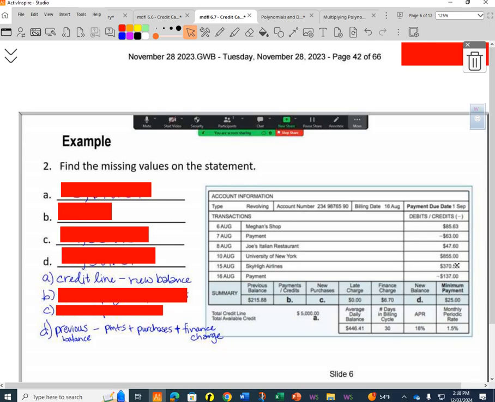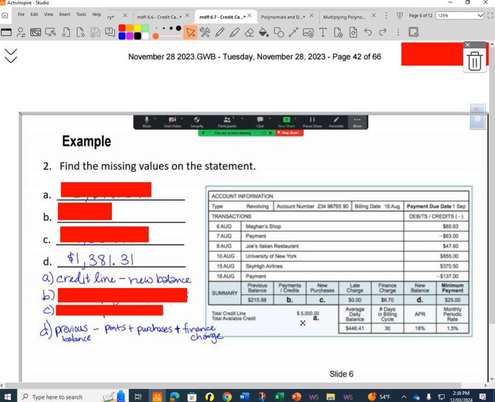So you're going to add those up, and the finance charge is $6.70. If you add those all up and subtract from the previous balance, you'll see that the new balance is D.